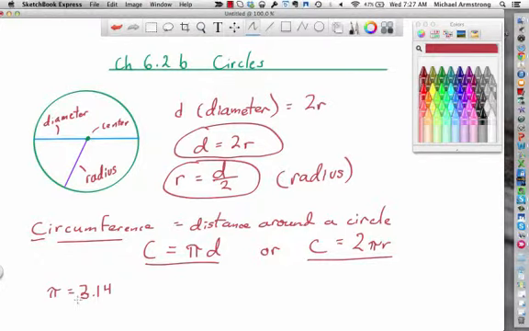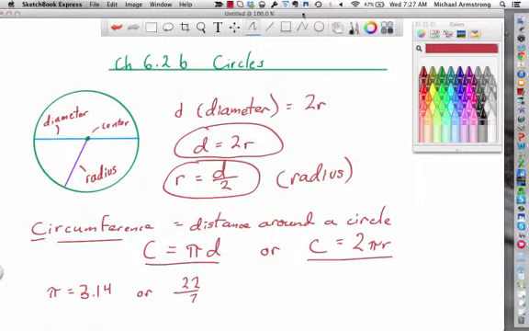In fact, you can sometimes just use 3. 3 times the diameter is going to give you a relatively accurate idea of the circumference. Or 2 times the radius times 3 for this one over here. So pi is 3.14, or sometimes they use 22/7. They use the fraction 22/7, and that's kind of fun to do occasionally. But usually we just use our calculators and plug in 3.14.